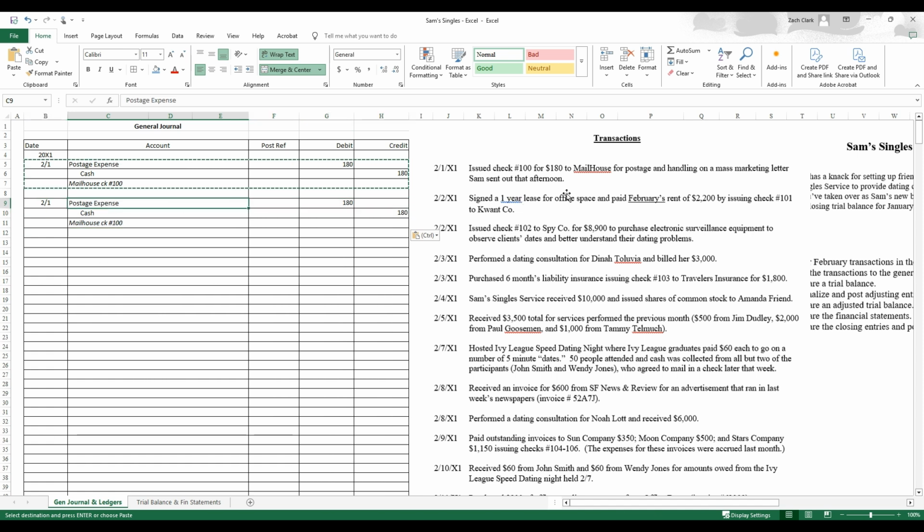So now we're signing a 1-year lease for office space and paid February's rent of $2,200. We've got a check number to Quant Company. So I'm going to change the name to Quant, update our check number to 101, update the date to the 2nd, and instead of postage expense, I'm going to change that to rent expense. And then the total amount, $2,200.